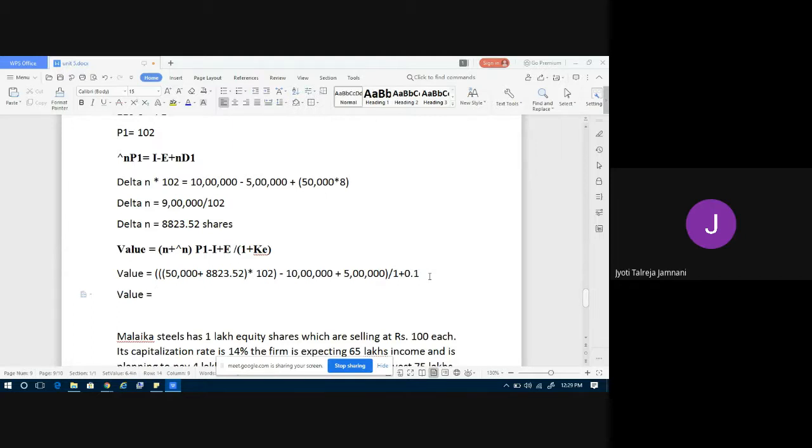Value is equal to 58,823.52 shares into 102. If we do, how much we get? 59 lakhs 99,999.04.